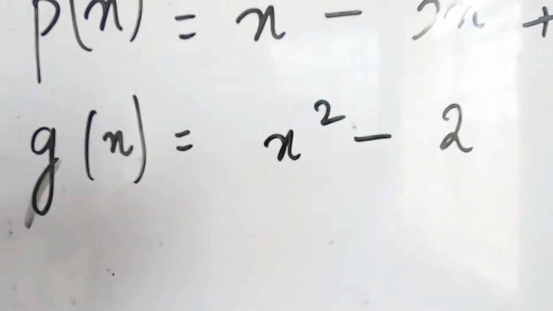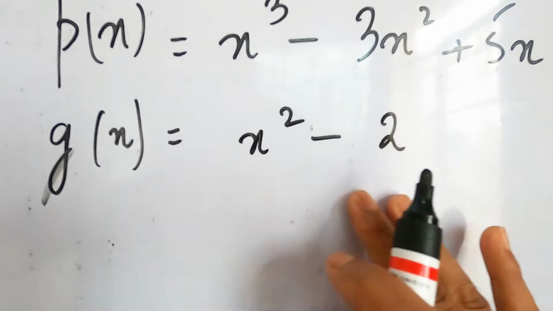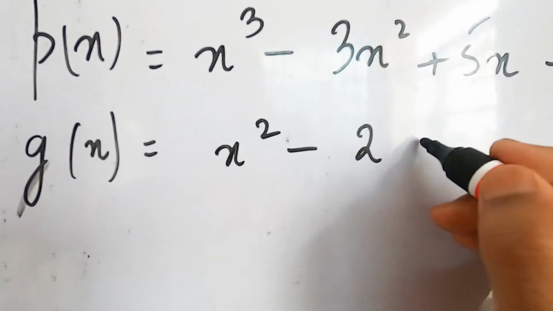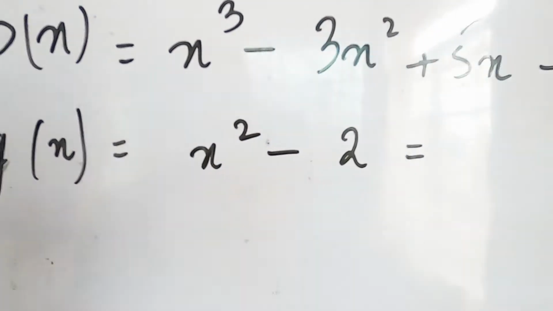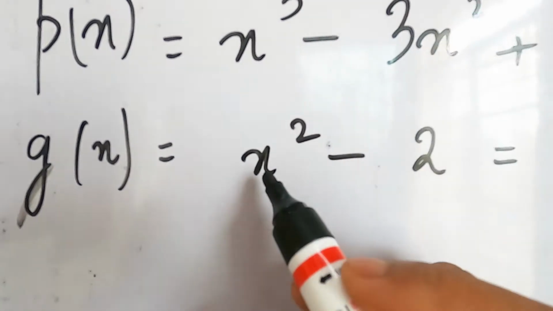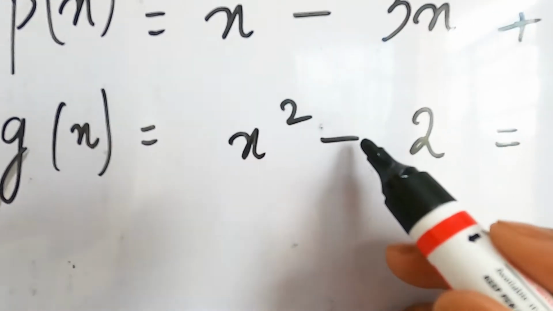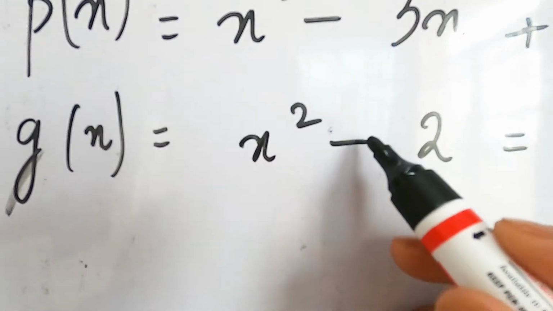All right, so in this case I want to tell you something: here we have to modify a little bit, because here we have the power of square. So next to the power of square, what will come? x to the power of 1.